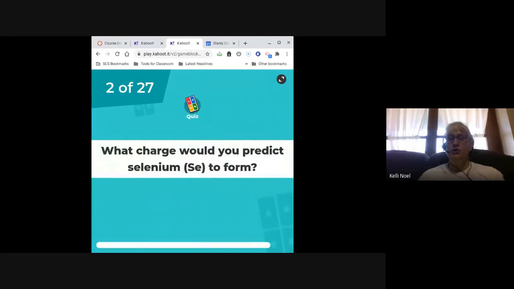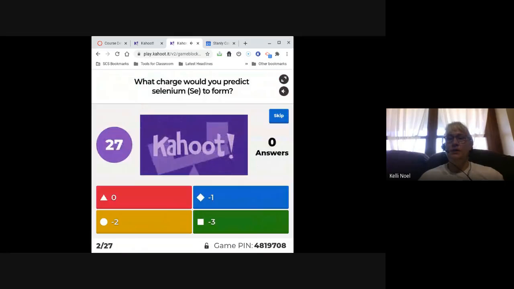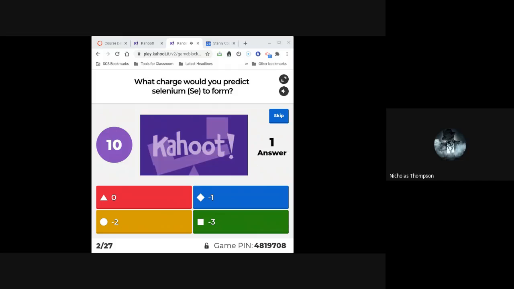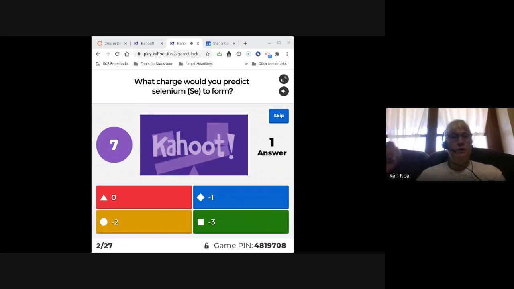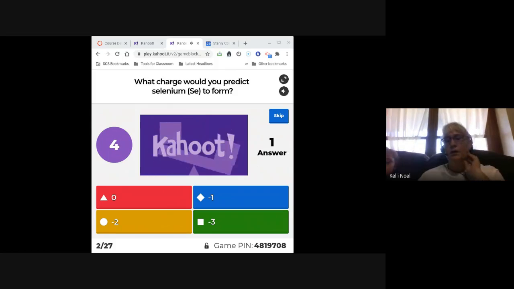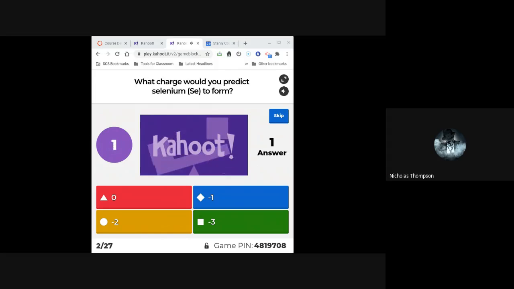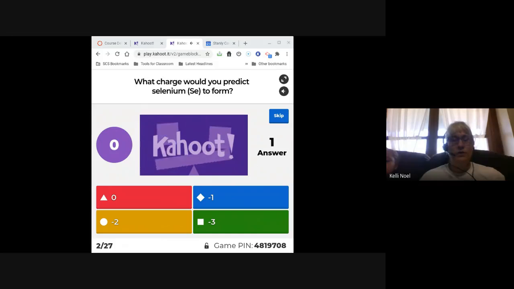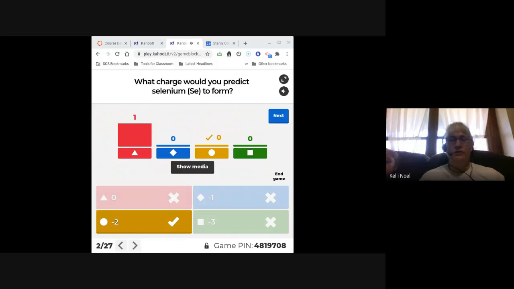What charge would you predict selenium to form when it makes an ion? You would need to look at your periodic table. I will tell you it will not be zero. It's -2.